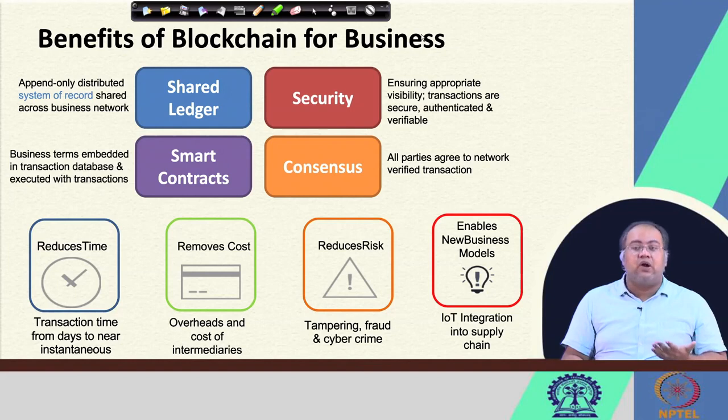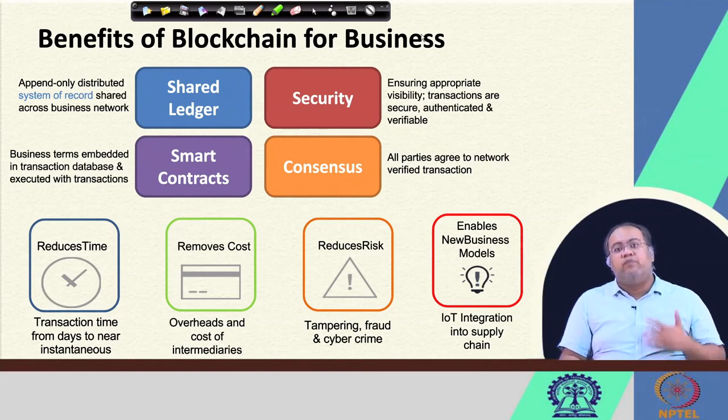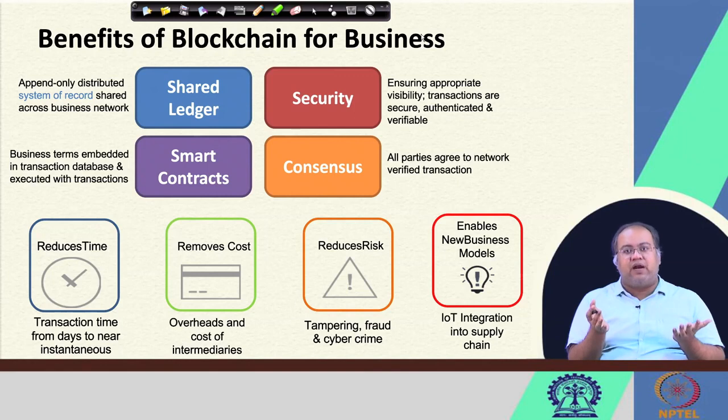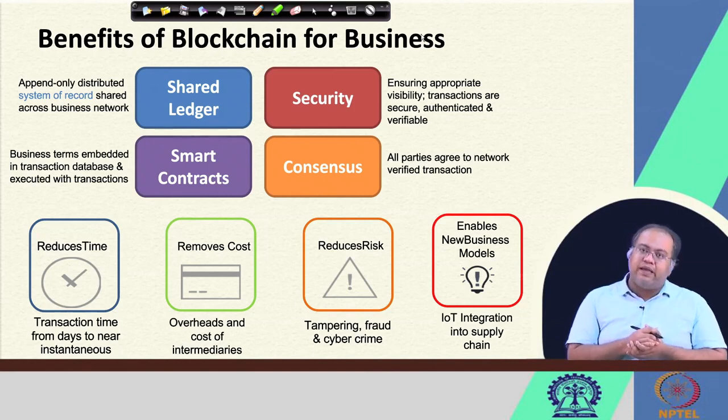Then we have the smart contract, which is the most powerful tool of a blockchain based system. The smart contract provides an automatic execution platform where business terms can be embedded in the form of a transaction in a transactional database, and they can be executed with transactions.